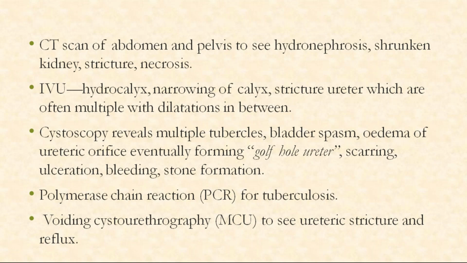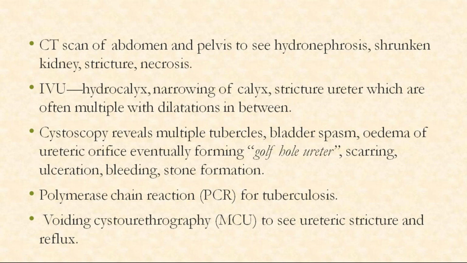Other sophisticated investigations like plain or contrast CT are to be done, of the pelvis and the abdomen. Look for any hydronephrosis or shrunken kidney or any strictures in the ureter, any necrosis in the kidney itself. In the cavernous form, you can see necrosis.